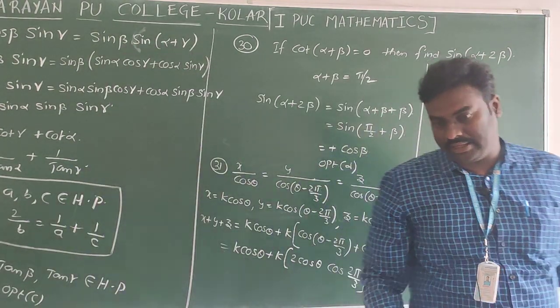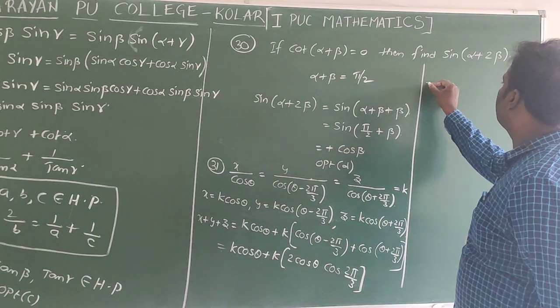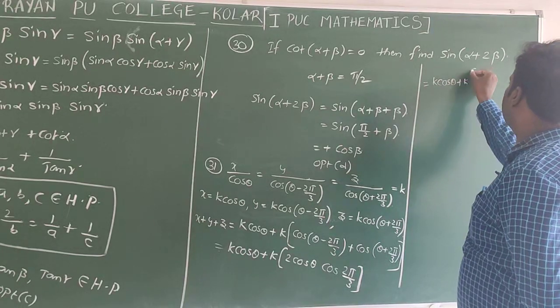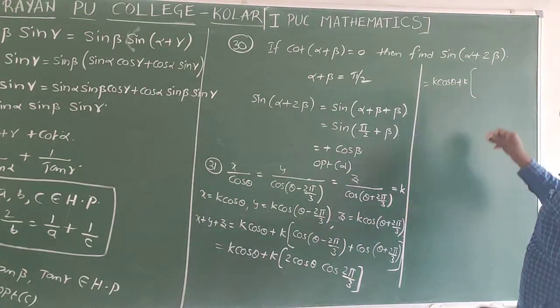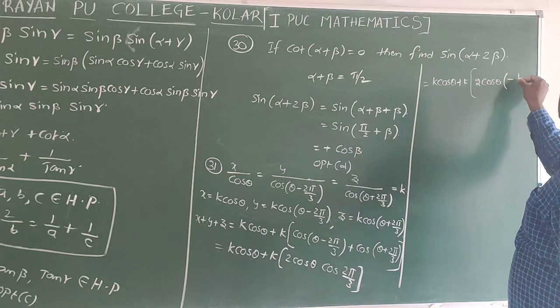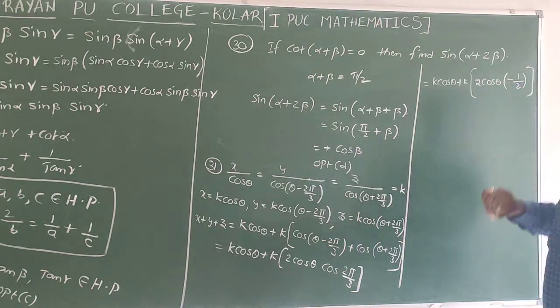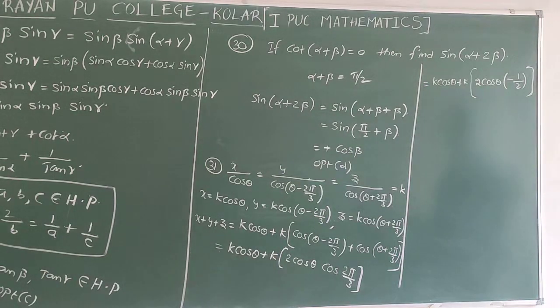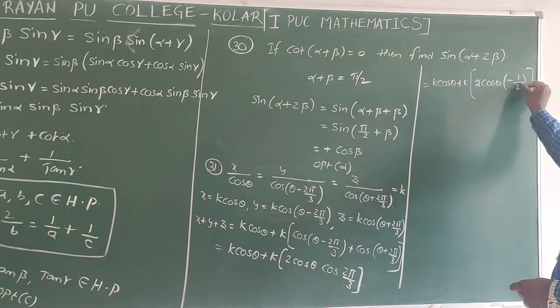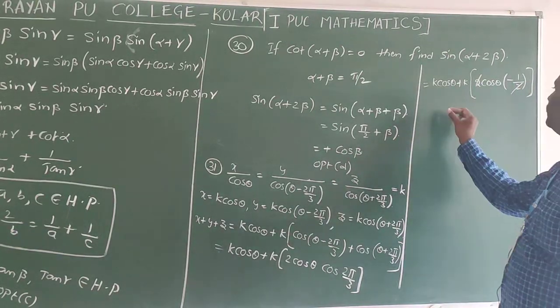Now it can be written as k cos theta plus k into 2 cos theta, cos 120 value is minus 1 by 2, because it can be written as 180 minus 60. 180 minus means second quadrant, cos is negative. Now 2 and 2 get cancelled. Now what will you get?